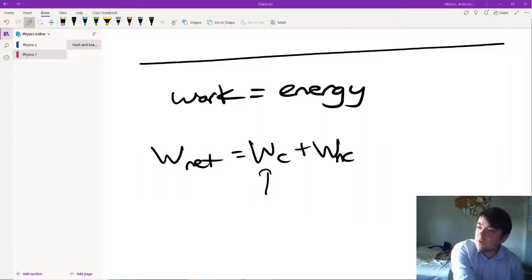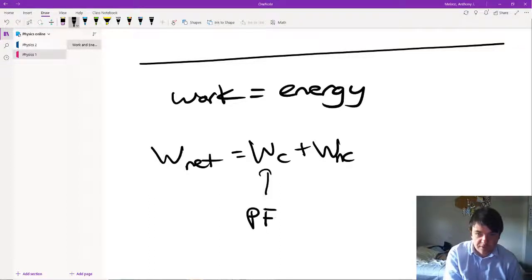And so if you actually go through, and I do this in the notes, but basically what this ends up being is, I'm trying to decide if I want to derive this. What we can do is, for the conservative work, we can write it in terms of the potential energies, gravity plus the spring, right?